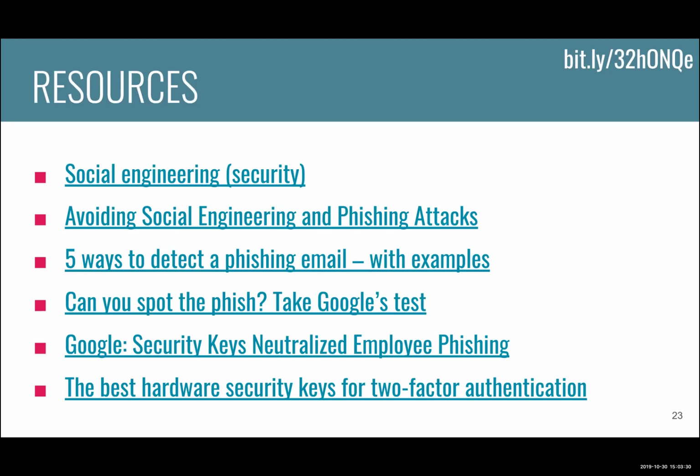Google put together a test for spotting phishing, so you can test yourself and see if you can spot the real things. Then there's some information about the transition where they were able to neutralize their employees' phishing risks. And the last link compares the different types of 2-factor authentication hardware keys, to look at the benefits of each.